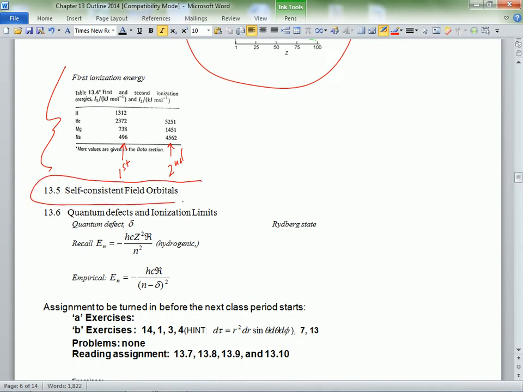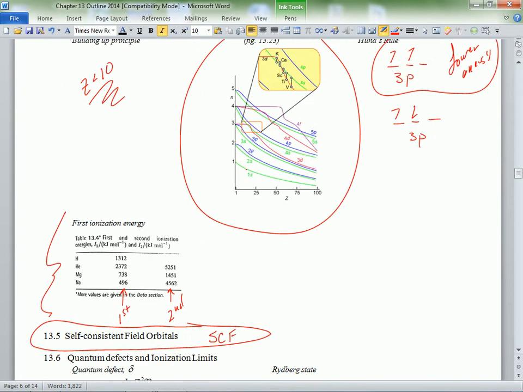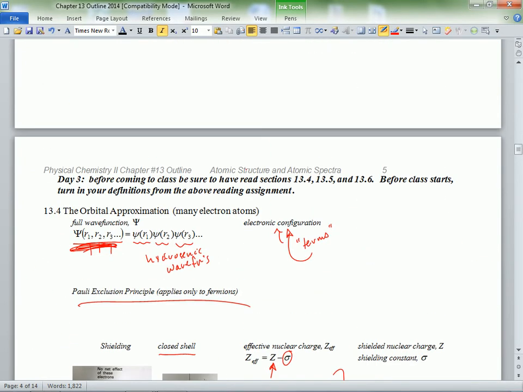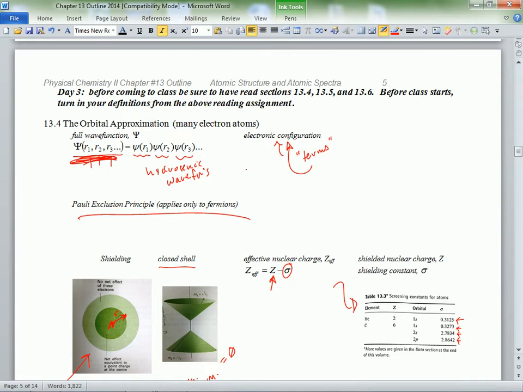I don't remember Spartan well enough to remember this, but you had some choices in the calculations. You probably blew over it so fast, but you had SCF, self-consistent field orbitals. What that software is doing is just messing around with the orbitals, picking different orbitals to try to give the right answers, because it knows what the ionization energies are, for example, from experimental values.